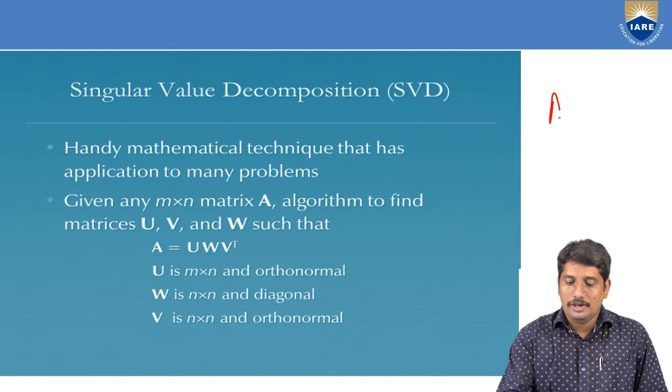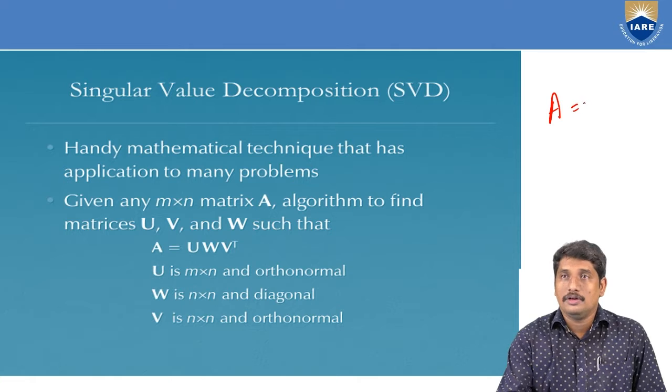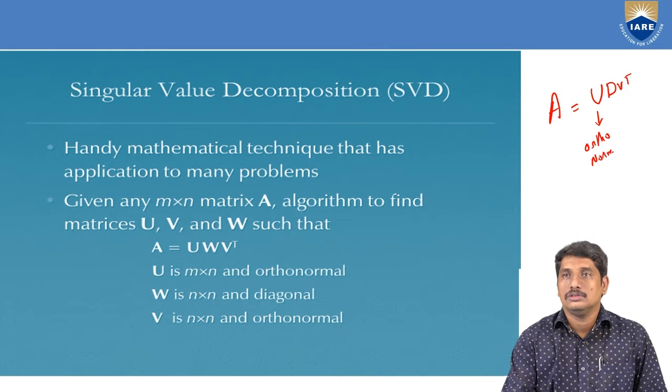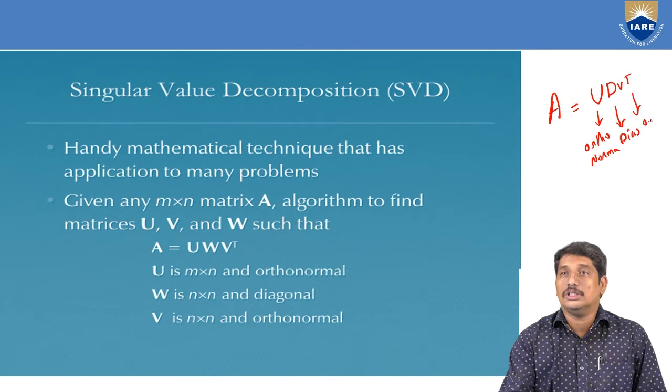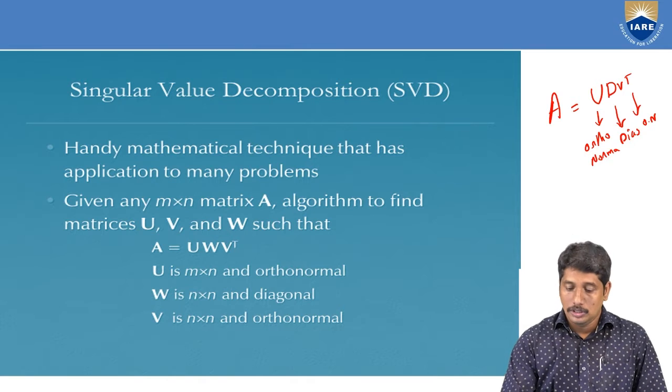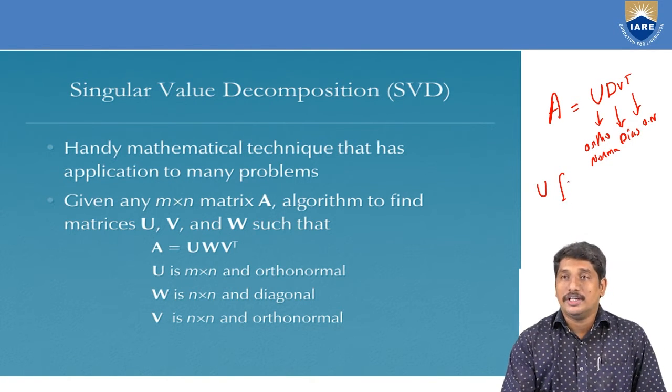So A can be written as the product of three matrices U into D into V transpose, where U is orthonormal, D is diagonal, and V is also orthonormal. Let us look into the meaning of an orthonormal matrix. Say U contains the vectors U1, U2, U3.